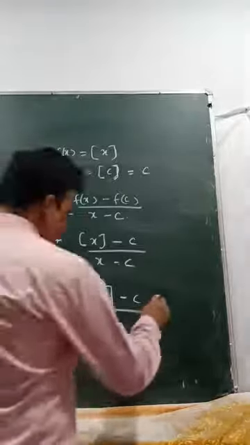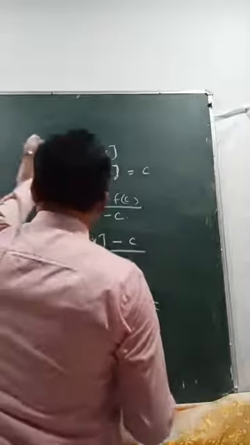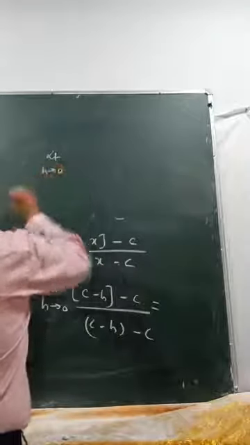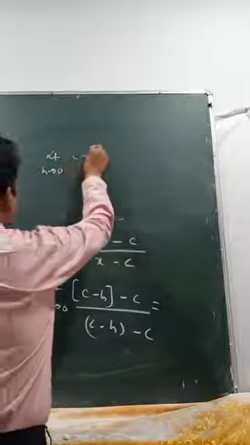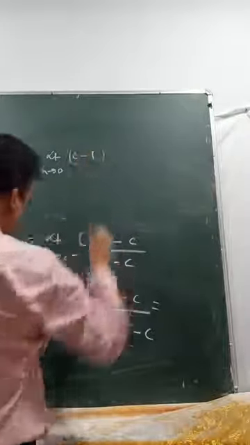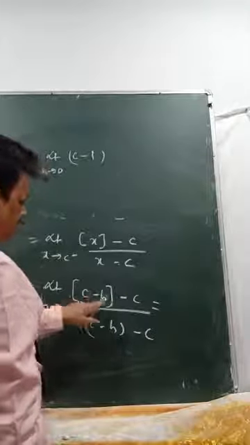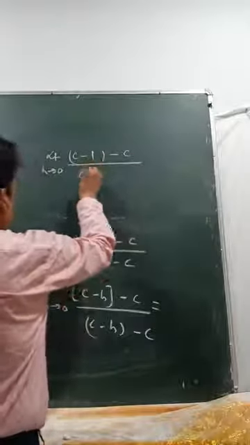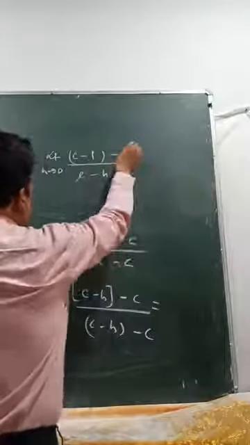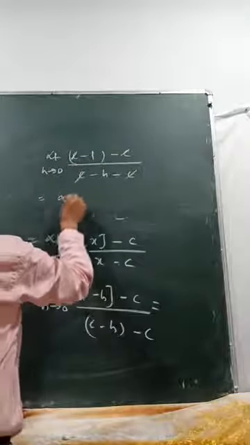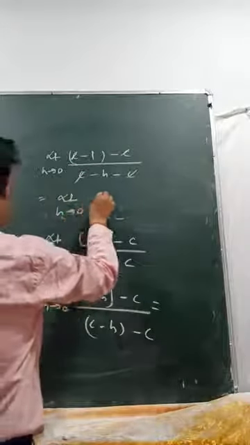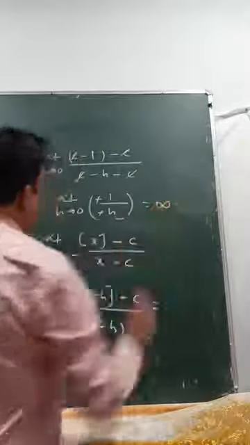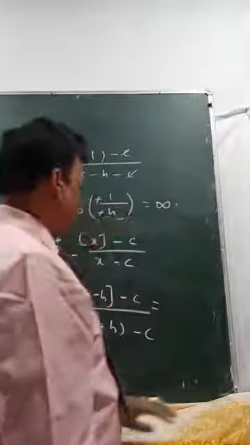So you can write limit h tends to 0, this is c minus 1, opening the greatest integer function box, c minus 1 minus c by c minus h minus c. The c cancels. That is limit h tends to 0 of minus 1 by minus h. That is your infinity, 1 by 0 becomes infinity.